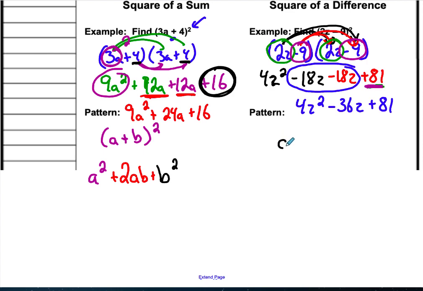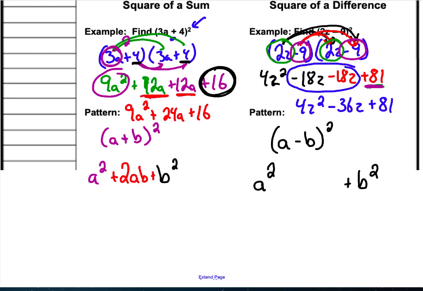So in my formula, I had a minus b, and a and b can be any size of a polynomial. It could be just a single variable, it could be a number and a variable, it could be a couple variables. It's just a generic stand-in, the first term and the last term. So same rule. We're squaring the first term, we're squaring the last term, and because it was a negative times a negative, it's going to be a positive.